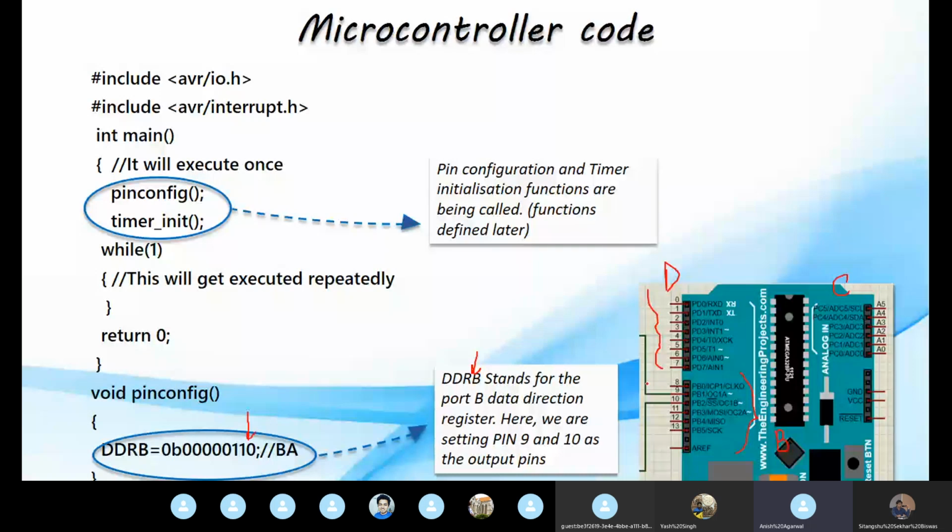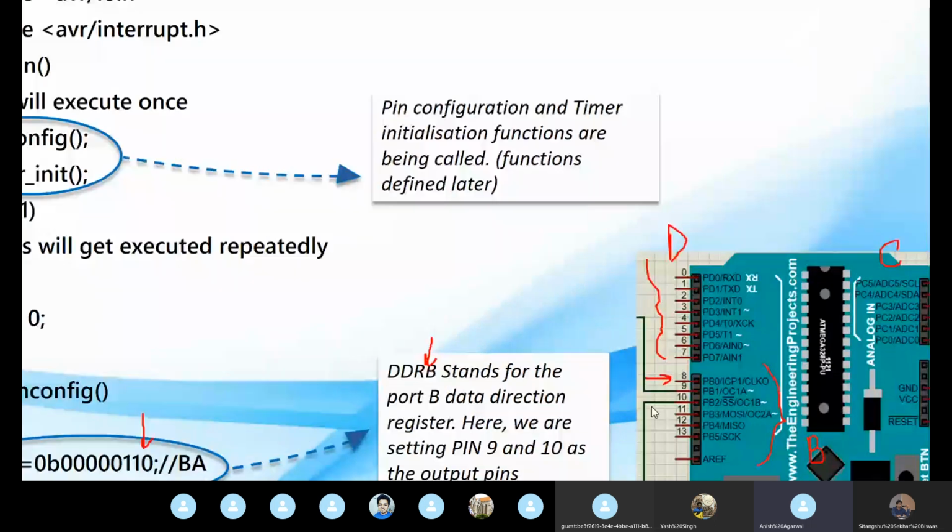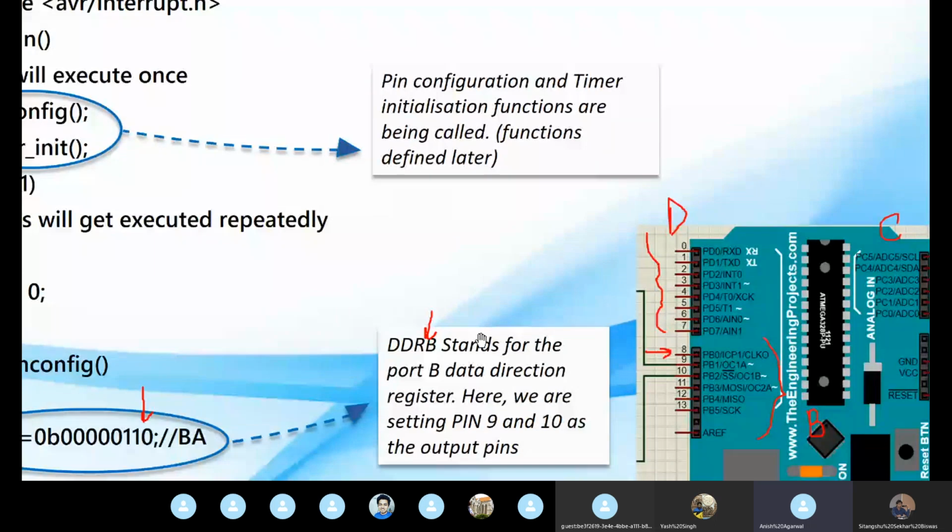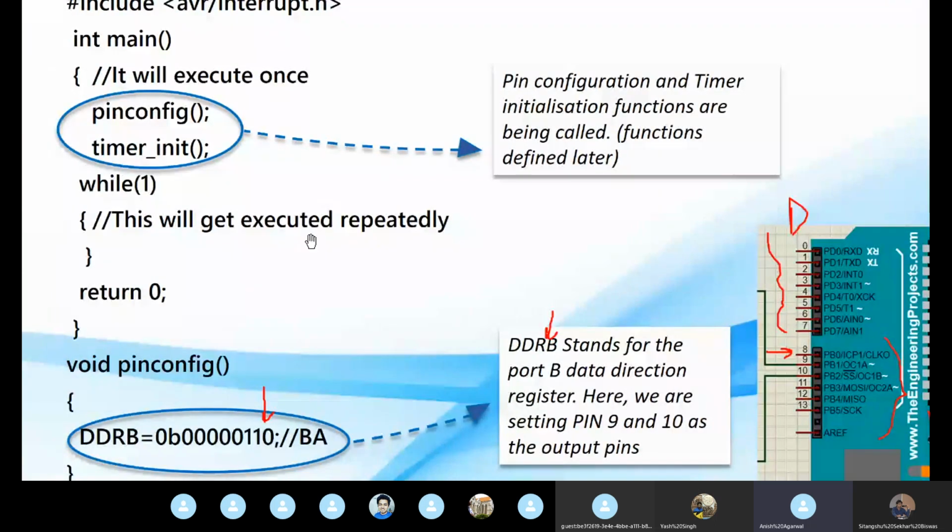Refer to the Arduino picture. Pin 8 refers to the least significant bit of DDRB. The second bit from the right side refers to pin 9. The third bit from the right side refers to pin 10, and subsequently, respectively, we just name the pins like that.